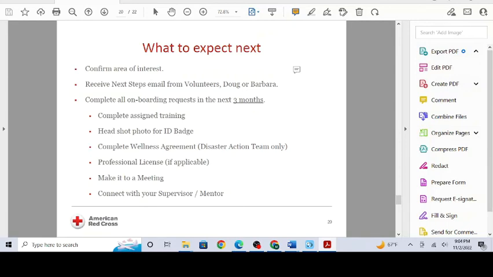We give the advice to give yourself about 6 months to a year to know the full flavor of all the different activities that the American Red Cross does. It really just takes a while to learn all the activities that the American Red Cross is involved in.